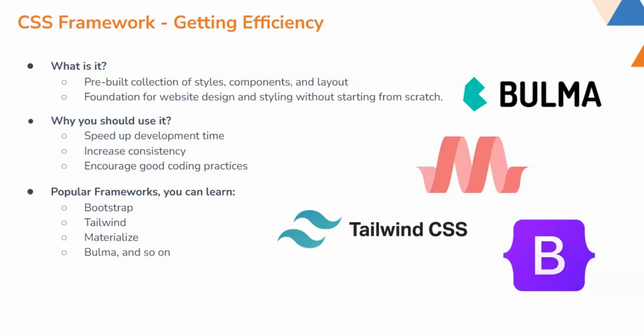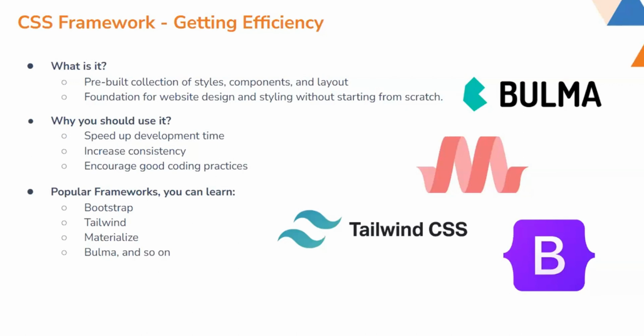Now imagine if at the start of a project you already had a bunch of styles and things you could use. That's what CSS frameworks do. Some of the popular frameworks you can learn are Bootstrap, Tailwind, Materialize, Bulma, and so on. The most common framework that we use is Bootstrap. Bootstrap is widely used and loved for its responsive grid system and versatile components.